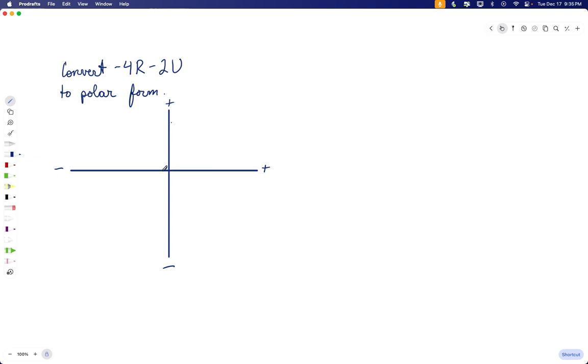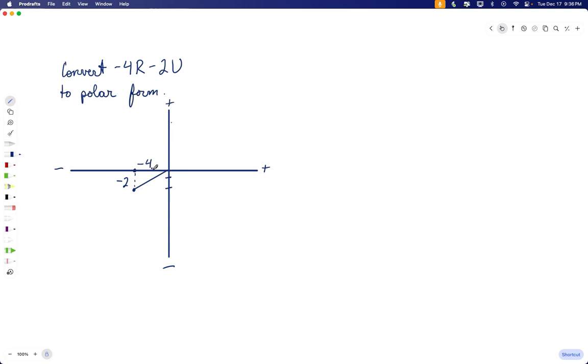So what we're going to do is come over what we think is about 4. So it'd be negative 4, right? And then we're going to come down to about that, and that is going to be our right triangle right there. So yes, this is a negative 4, and this is a negative 2.